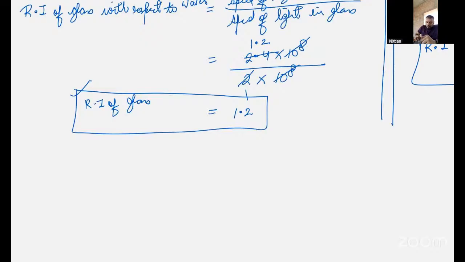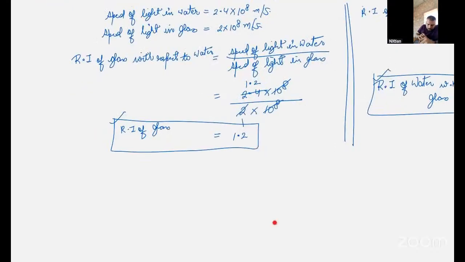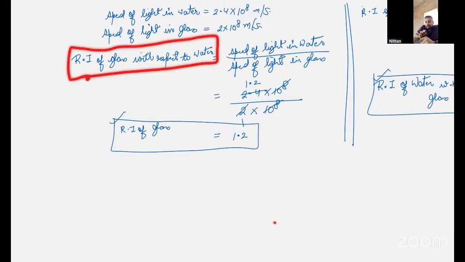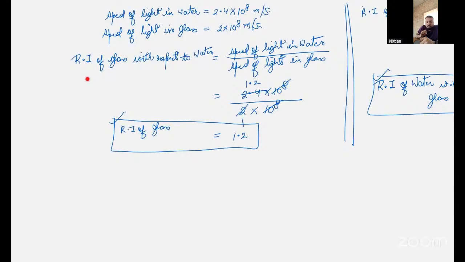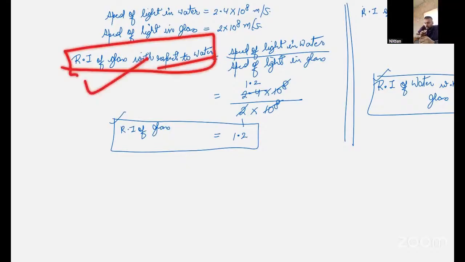Now guys, listen. In this case, can you tell me where the light is coming from and going to? In this case, the refractive index of glass with respect to water.